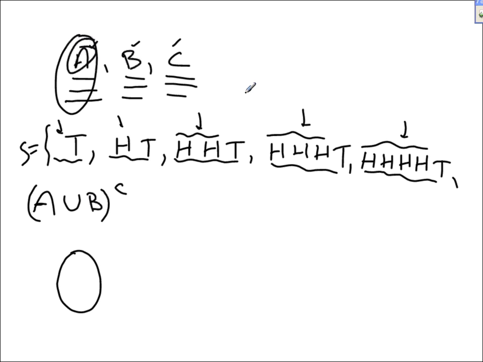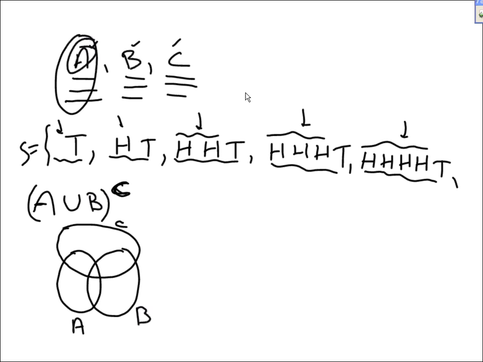Well, here's A, and here's B, and there is person C. A, B, C. You want to put person C on the bottom, go for it. Please, this C here is complement, it's not person C.